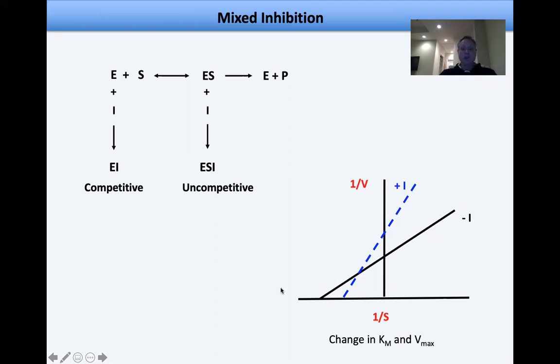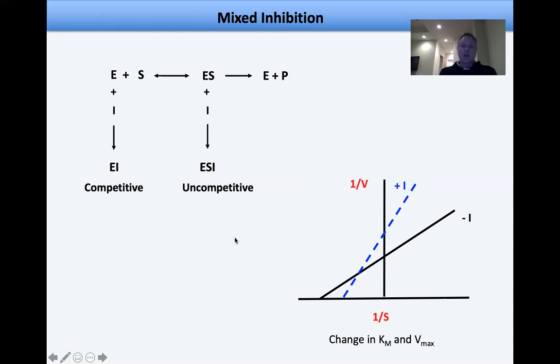So in this case, it has mixed changes in the Km and the Vmax on the Lineweaver-Burk plot. Whether or not the Km goes up or down depends upon whether the inhibitor favors the active site or favors binding to the enzyme substrate complex.